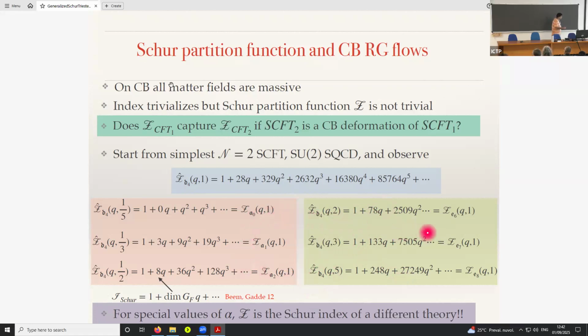In fact, this Schur index that you compute here is exactly the Schur index of the Minahan-Nemeshansky E6 theory. Minahan has a fest this week, so let's honor Minahan by mentioning his name. So you get exactly that theory. You put alpha equals 3, you get the E7 Minahan-Nemeshansky theory. If you put alpha equals 5, you get the E8 Minahan-Nemeshansky theory.